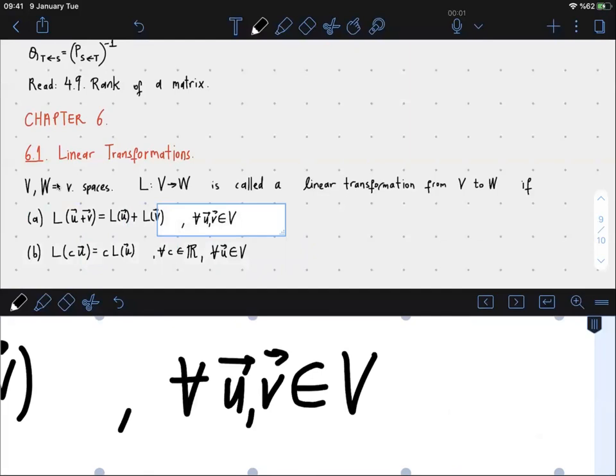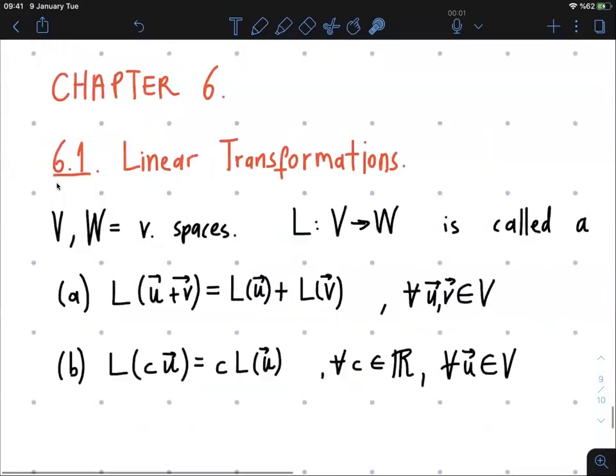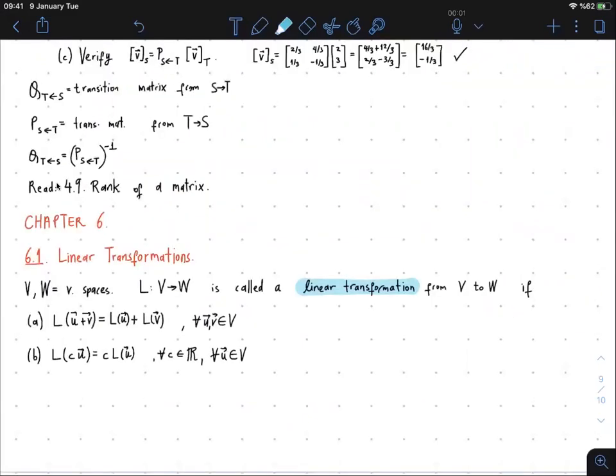Okay, so what do I want to say about this definition? Let's go back. I said that V and W are vector spaces. As vector spaces, they are sets, so I can define functions between sets. So let L be a function, and we will call it a linear transformation from V to W if two conditions are satisfied.